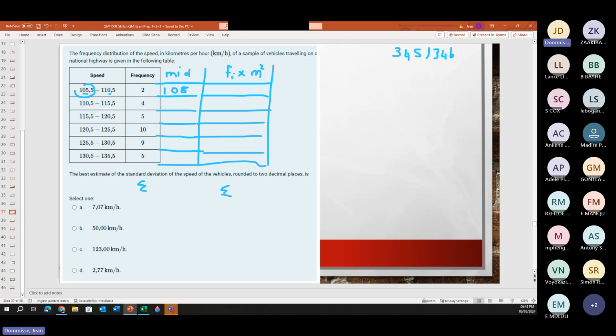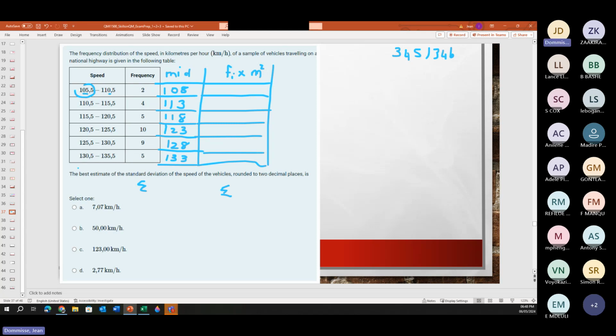If I add 2.5, it's 113, and you will now see the similarity coming out. So now add 2.5, so it's 118. Now you can see it basically increases by 5 every time because your class width was also 5. So the midpoint will just increase every time by 5. So there are your midpoints of those 6 intervals.